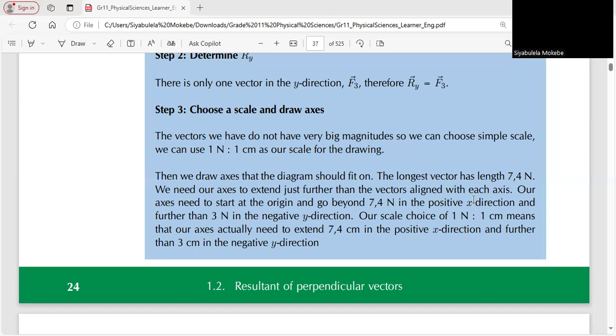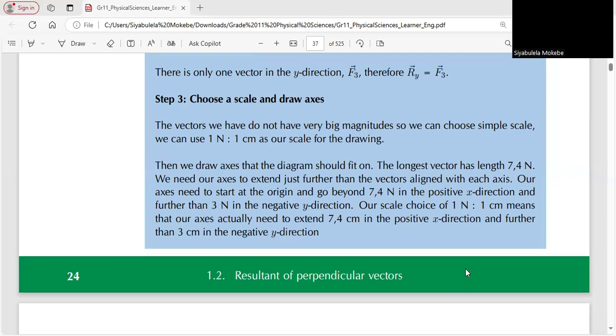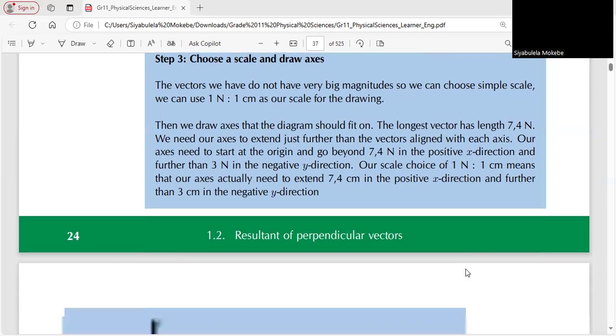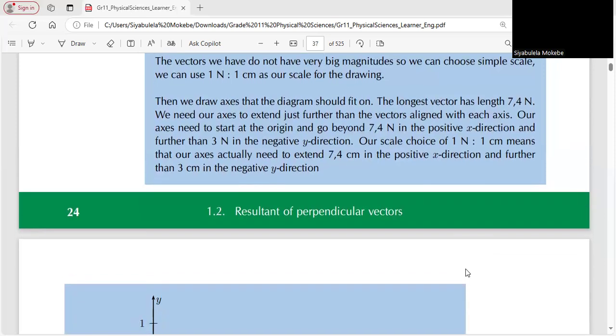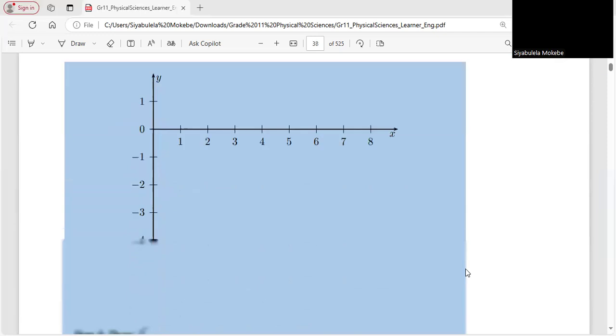Our axis needs to start at the origin and go beyond 7.4 in the positive x direction and further than 3 Newton in the negative y direction. Our scale choice of 1:1 means that our axis actually needs to extend 7.4 centimeters in the positive x direction and further than 3 centimeters in the negative y direction.